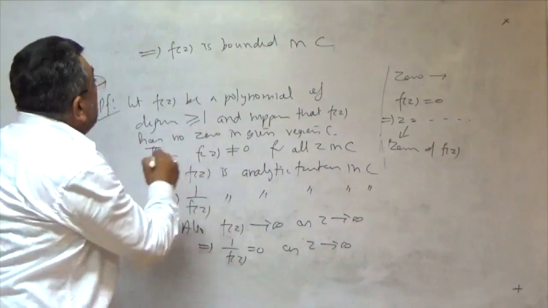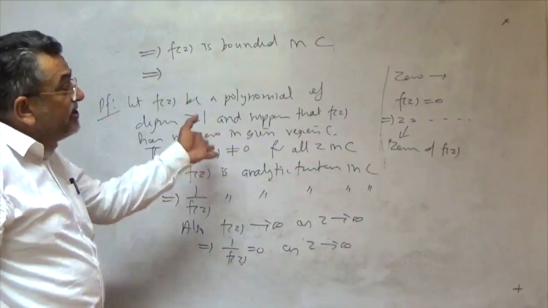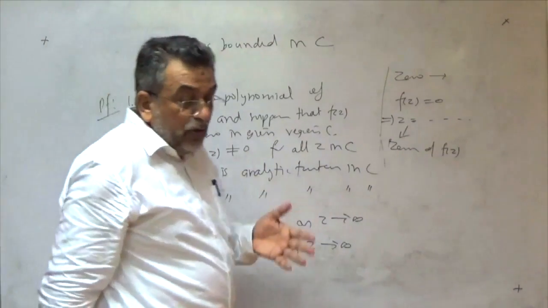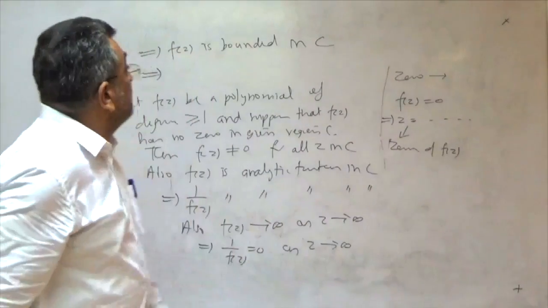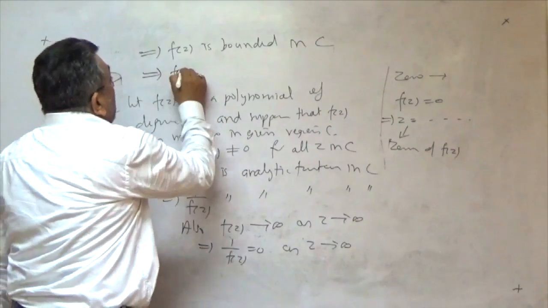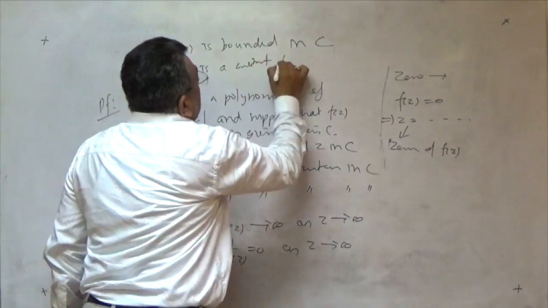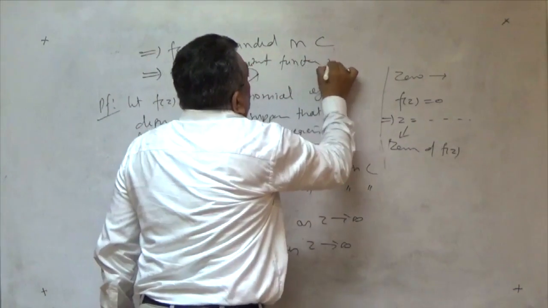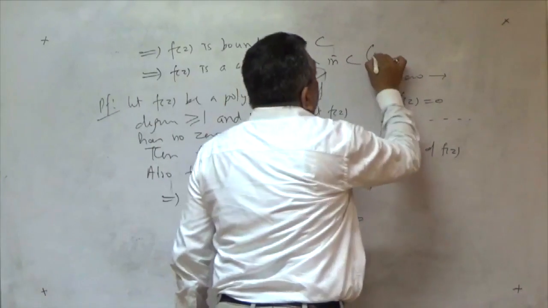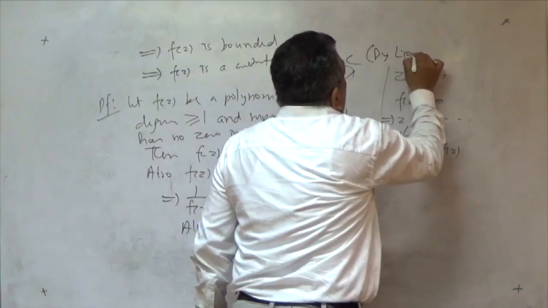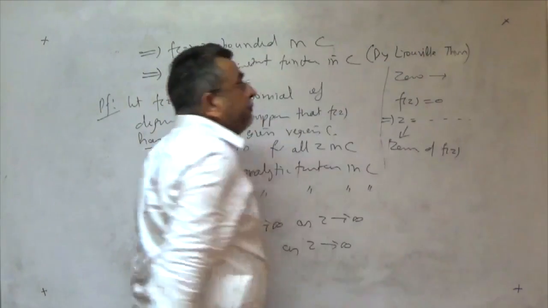If it is bounded, then by Liouville's theorem, which I just stated and proved, if a function is analytic and bounded, then it is constant. So this shows that f(z) is a constant function in C by Liouville's theorem.